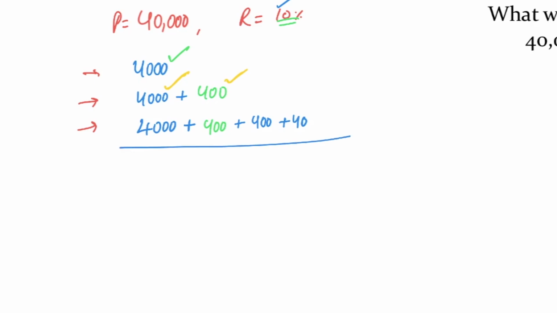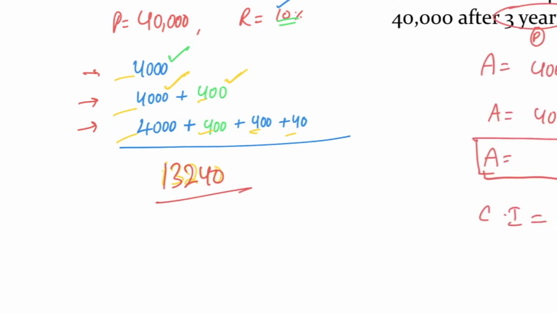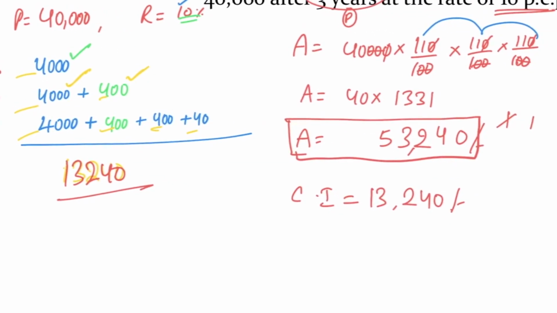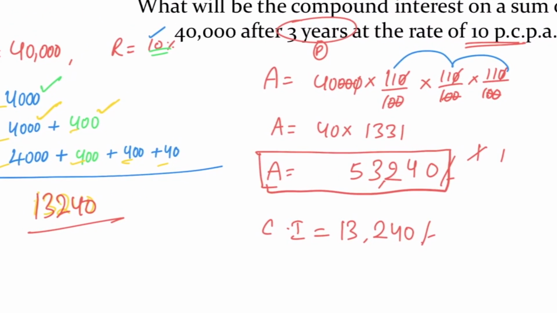So total compound interest is 4,000, 4,000, 8,000, 4,000, 12,000, 12,000 plus 1,200, 13,240. 13,240 rupees is the compound interest. See, whichever the method we use, answer doesn't change. Once you understand the concept of compound interest, then you can play with problems.